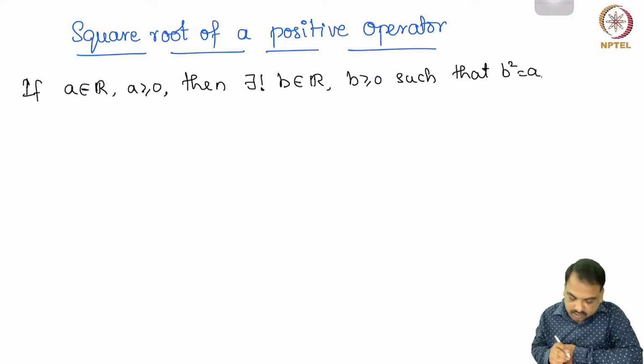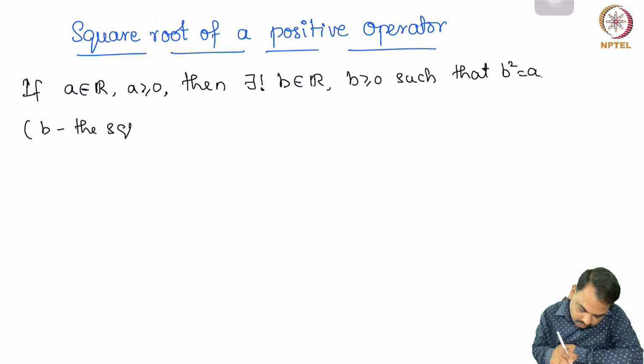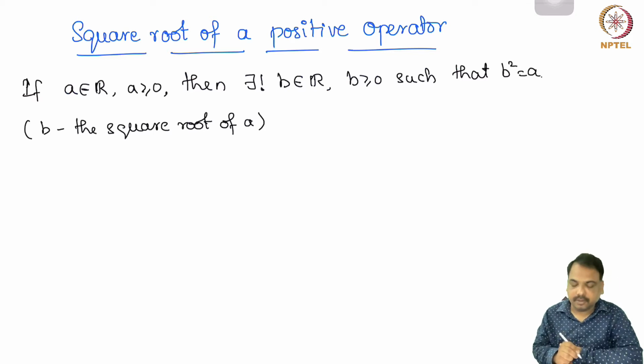We call this b the square root of a. This is the positive square root of a. Now we want to extend this result to bounded linear operators which are positive.